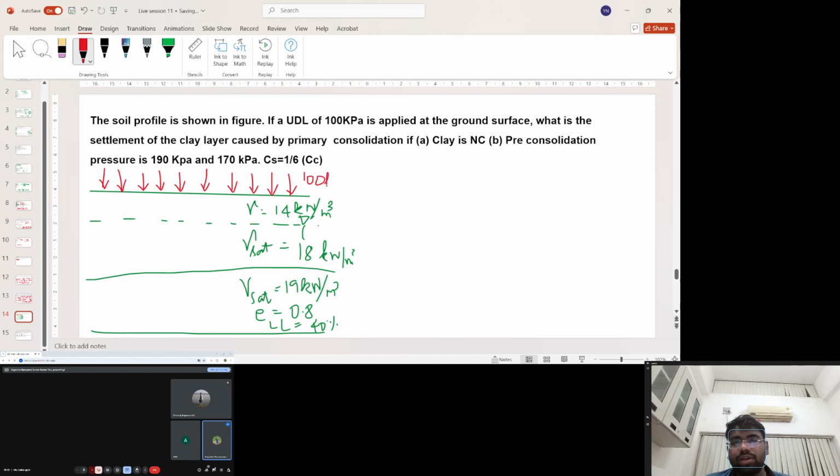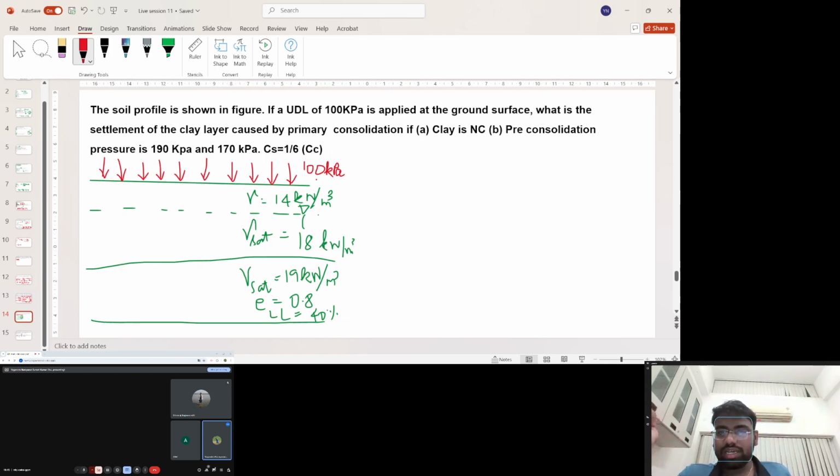What is the settlement of the clay layer caused by primary consolidation, if the clay is normally consolidated, and if the pre-consolidation pressure is 190 kPa and 170 kPa respectively? So there are two cases, 190 kPa and 170 kPa of pre-consolidation pressure. All right. Now this is the clay layer. This is the sand layer, and clay.